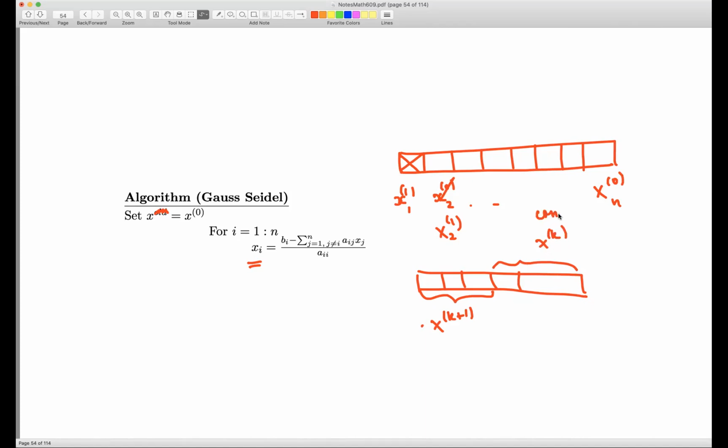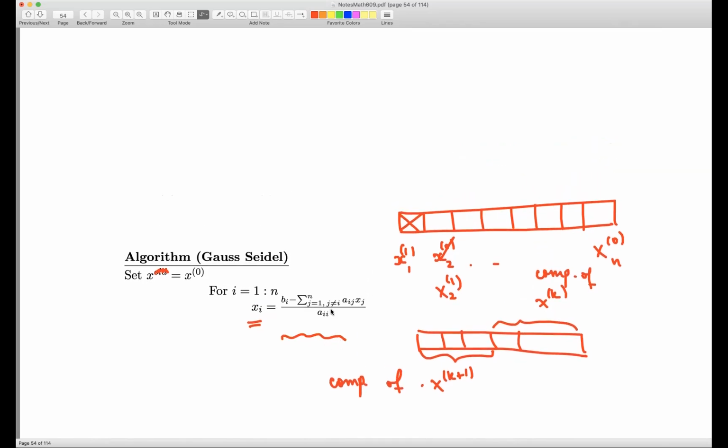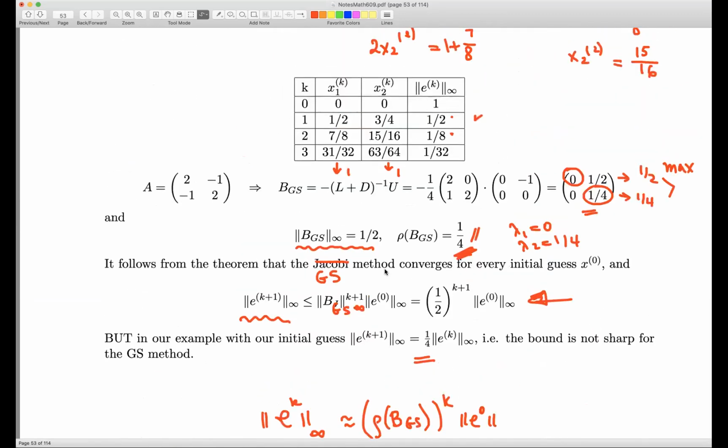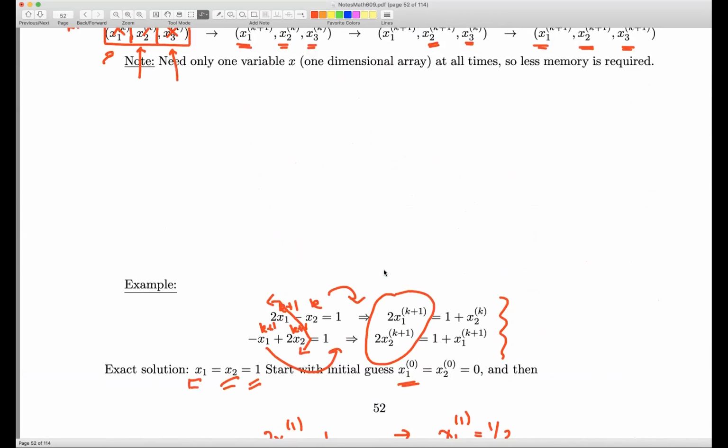And this is exactly what we had observed and discussed in the 3x3 case.